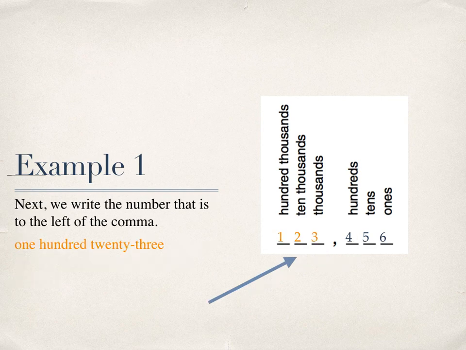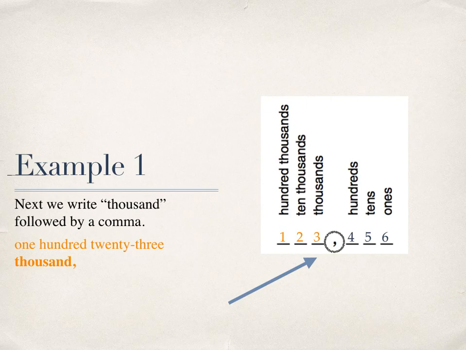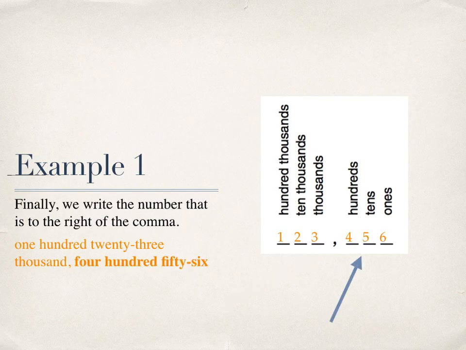Next, we write the number that is to the left of the comma, 123. Then we write 1,000, followed by a comma. Finally, we write the number that is to the right of the comma, 456.